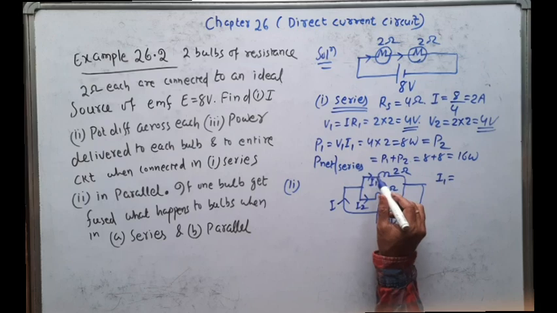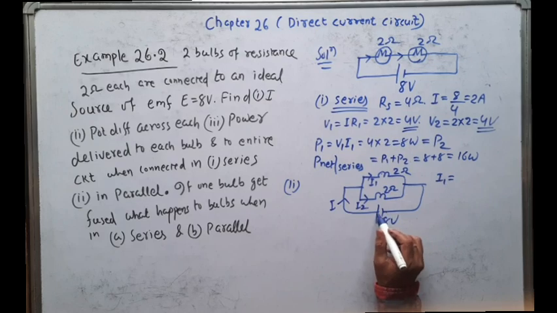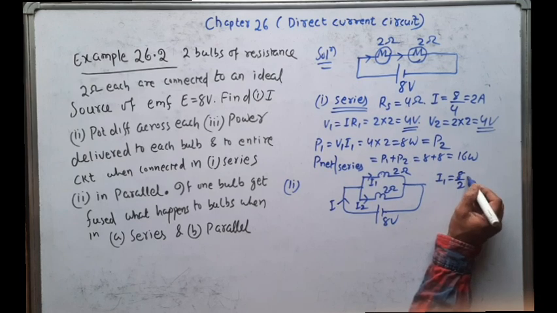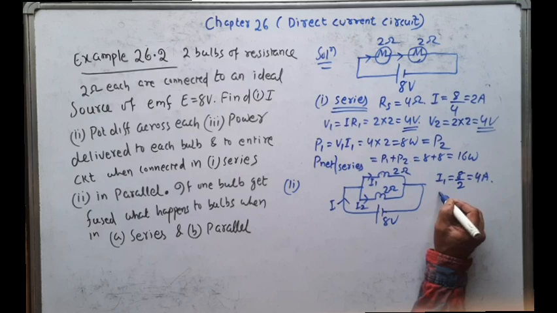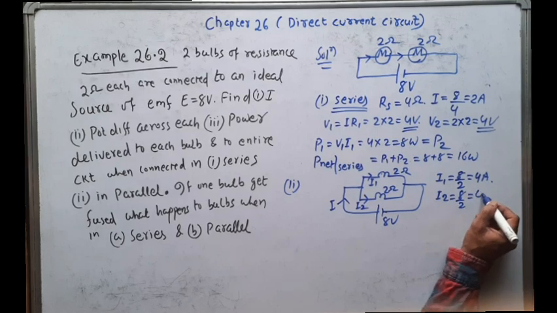I1 is the voltage across this divided by 2. Since both are connected in parallel, the potential difference across each is the same as the supply voltage, that is 8. So I1 is equal to V by R, 8 by 2, is 4 ampere. So I2 is the same, 8 volt by 2, that is 4 ampere.